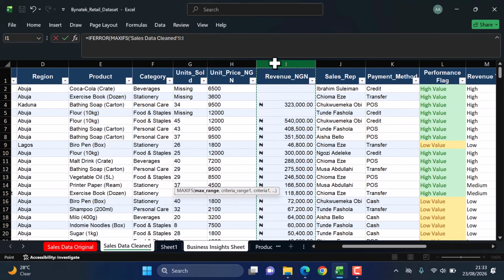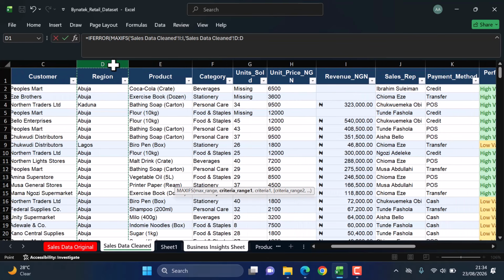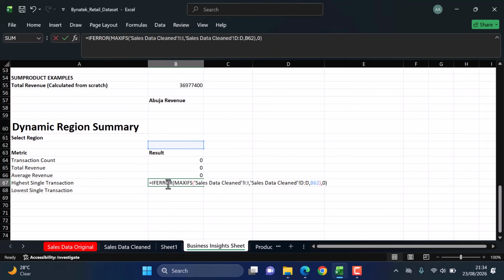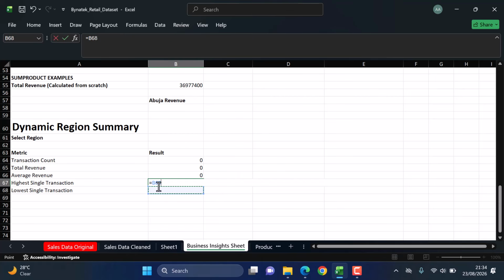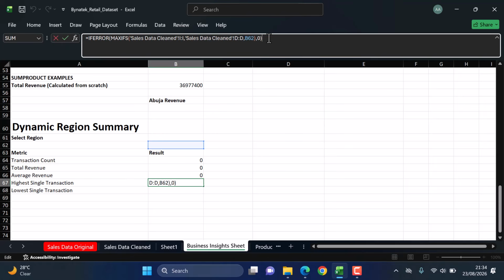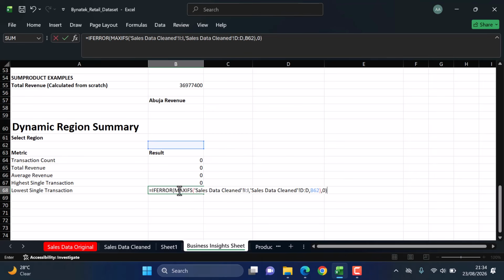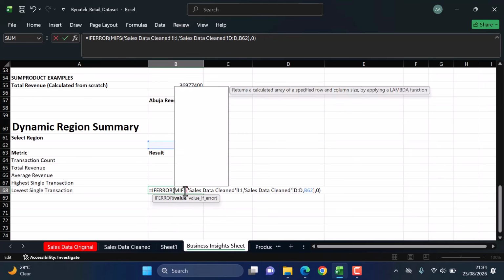I think we'll just use the maximum revenue, then this, then B62, then our IFERROR condition. How am I doing now? MINIFS.